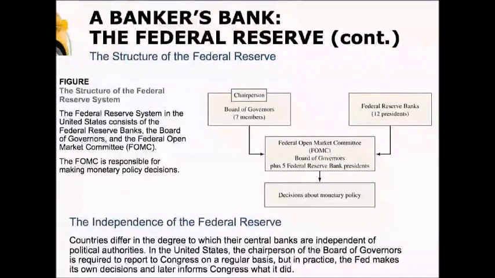It was created by Congress, and the Federal Reserve chairman, the Board of Governors chairman, reports to Congress regularly on the state of the economy and what monetary policy is being done, but there's no direct, explicit political control of the Federal Reserve, and that allows it to act independently and do things which might not be politically expedient. When we look around the world, we tend to see that more independent central banks tend to have lower levels of inflation in those economies.